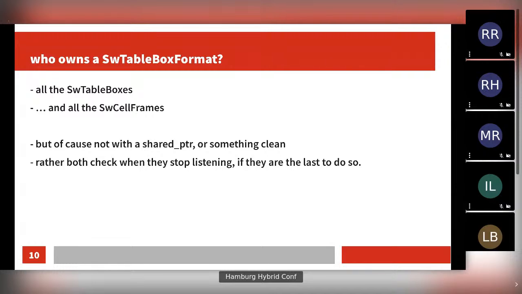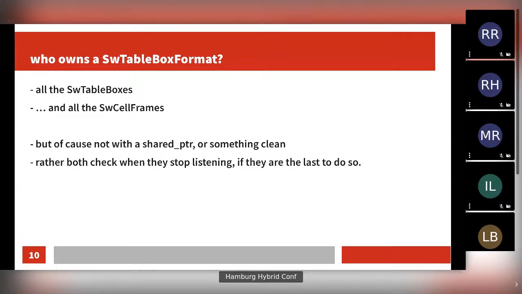So essentially the cell frames and the table boxes together own their format. It's like a shared pointer, except that it's very, very confusing and non-obvious how they relate to each other. So untangling this, of course, is really, really hard and annoying.